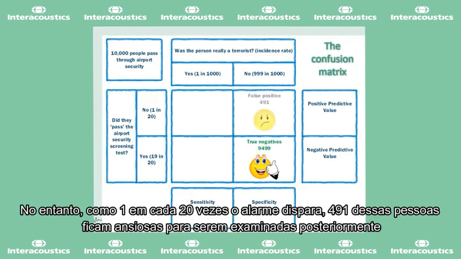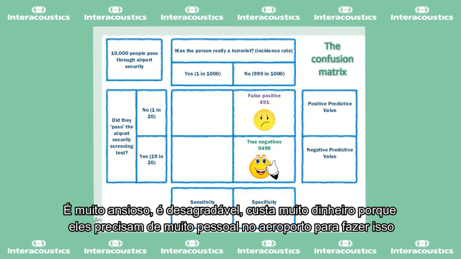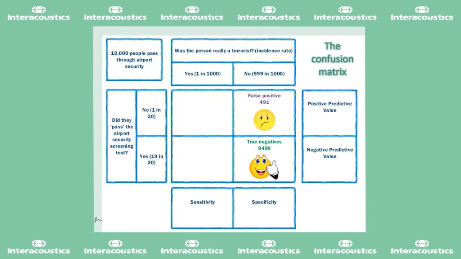However, because 1 in 20 times the alarm goes off, 491 of those people have the anxiety of being checked further. So they have to go off into the little side room and they get the wand passed over them, checked for metal objects, etc. And so it's very anxious, it's unpleasant. It costs a lot of money because they need a lot of staff at the airport to perform this.